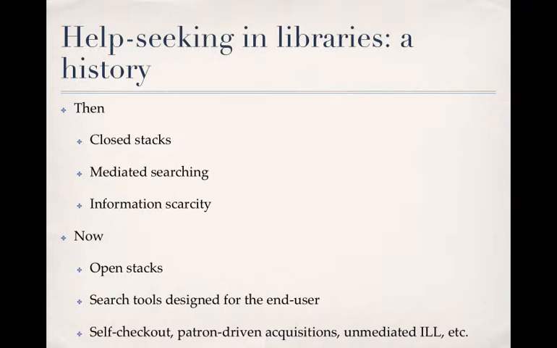So it wasn't really available to regular people. And even the print indexes were not exactly the easiest things to use. They were pretty complex. And we were in an age of information scarcity where you didn't have the gigantic web buffet that we have available to us now, or even what's available through the library now because of big deal database aggregator purchasing. Now we live in an era where most stacks are open, most students can search the catalog, get a book, and maybe even check it out if there's self-checkout without ever dealing with a library staff person.